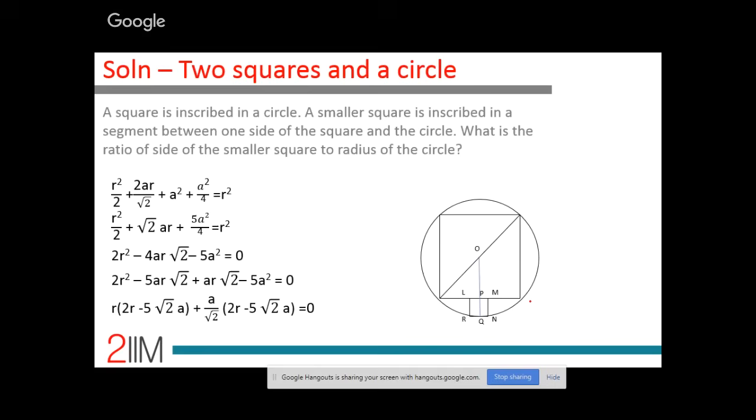So we get 2R square minus 4AR root 2 minus 5A square is 0.